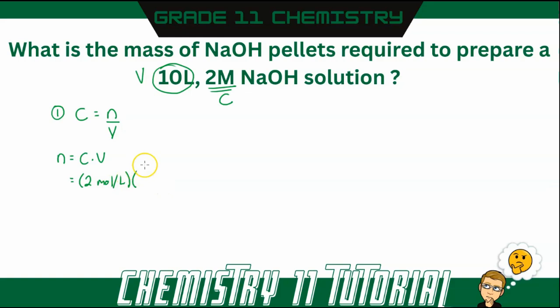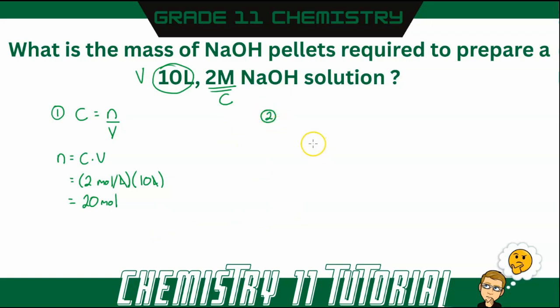So then the volume, which needs to be in liters, is 10 liters. So liters will cancel, and that gives us 20 moles. So we need 20 moles of sodium hydroxide, and that leads us to step 2.